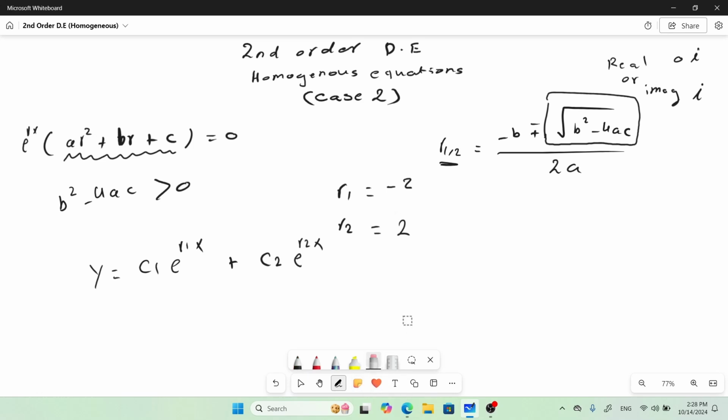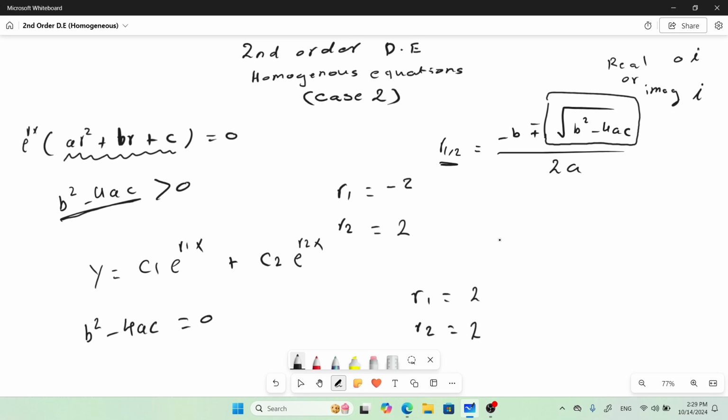Now if the same part of the equation, b squared minus 4ac, is equal to 0, we only get one root, or we get two roots but they are both the same value. For example, r1 and r2 are equal to 2 and 2.